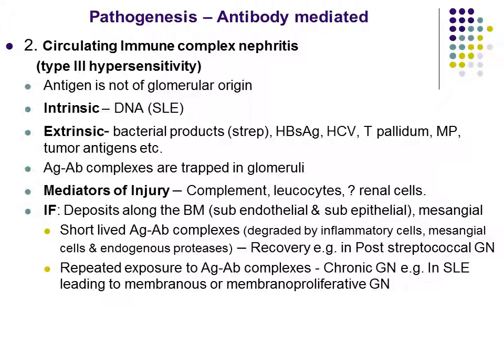When there is repeated exposure to antigen antibody complexes, it can lead to chronic glomerulonephritis. For example, in SLE there will be membranous or membranoproliferative glomerulonephritis, which can stay for a long time, leading to chronic glomerulonephritis.